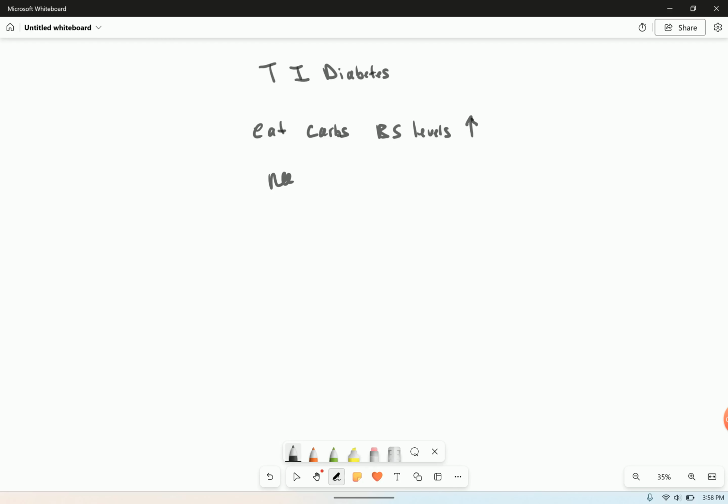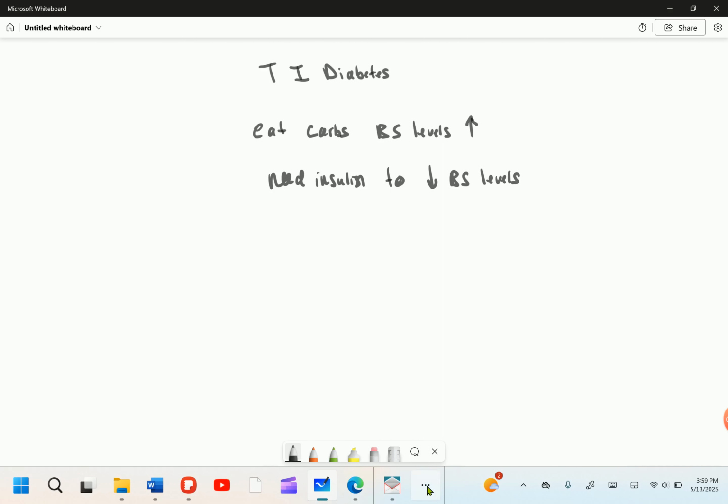You need insulin to lower blood sugar levels. But a type 1 diabetic cannot make or release insulin, so they have to do an insulin shot.